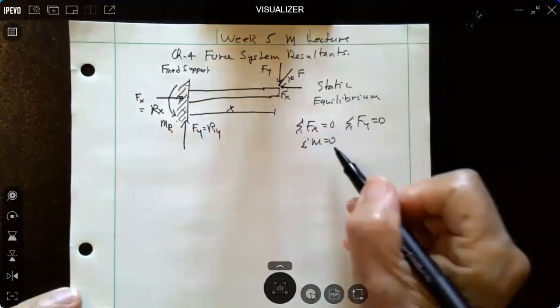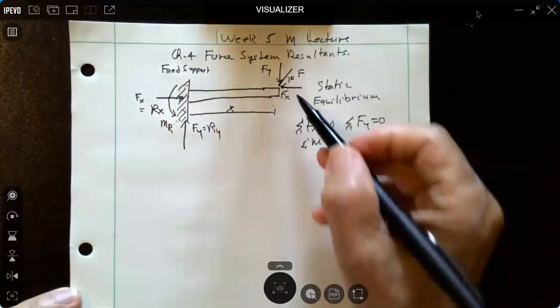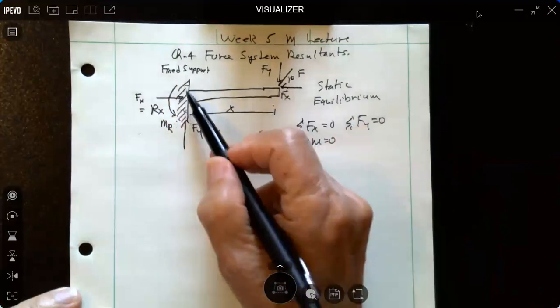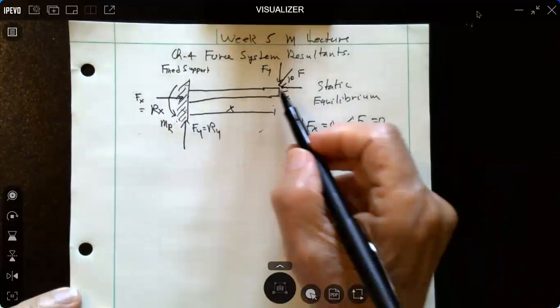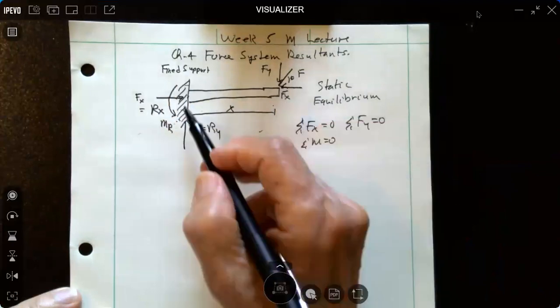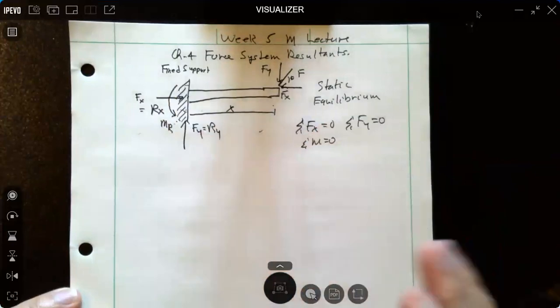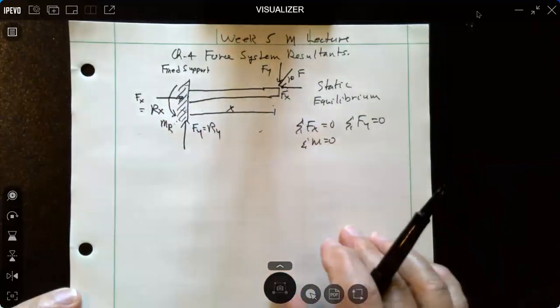So it says sum of moments equal to 0. So the moment created here is counteracted by the moment developed in this support. This is going to be in a clockwise direction. This is in a counterclockwise direction. Okay, again, plus and minus is equal to 0.